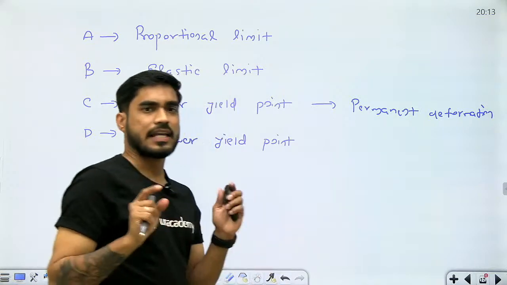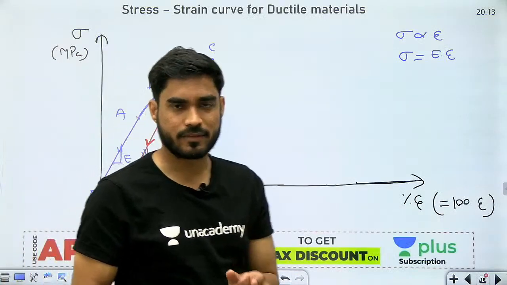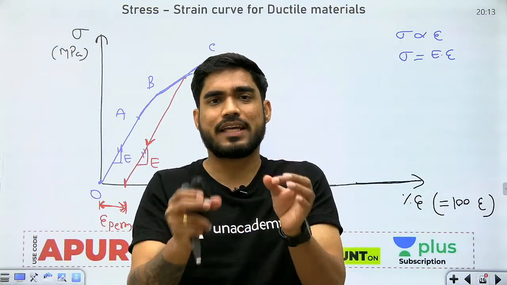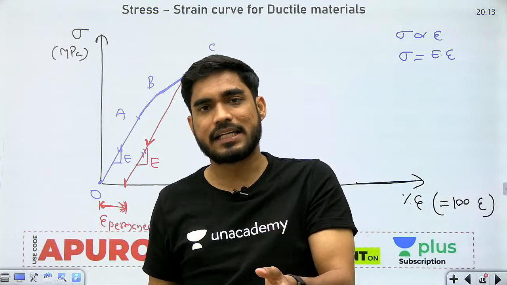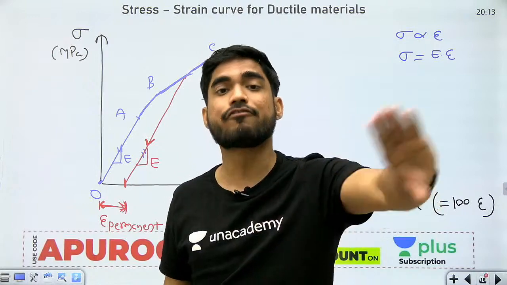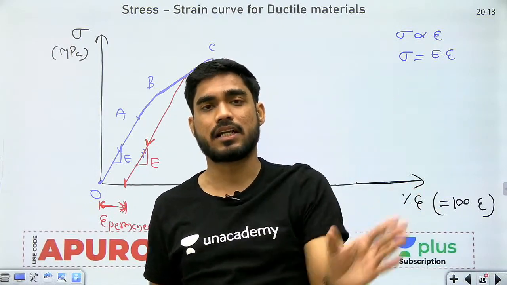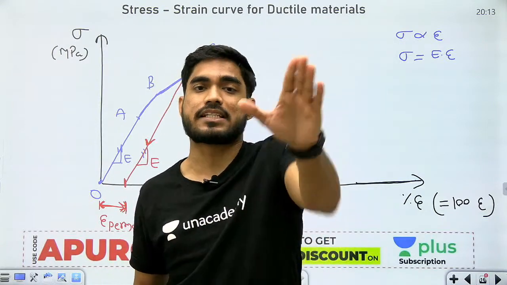Now what happens is, at this point C, the bonds between the atoms are going to be broken, and the atoms will start freely flowing inside the material. The atoms have become free and they start to flow.